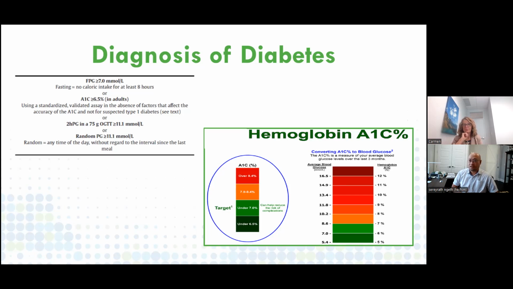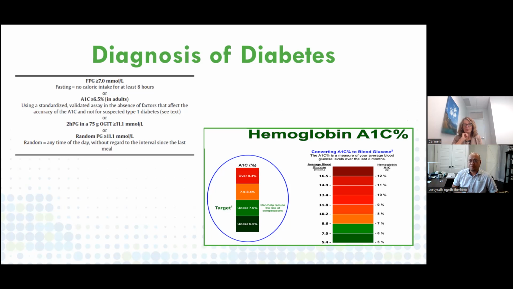Essentially, it's just red blood cells in the bloodstream that have glucose attached to them, and we measure the percentage of red blood cells that have glucose attached to them. So in individuals who have a high blood glucose level, there's more sugar that can attach to red blood cells.